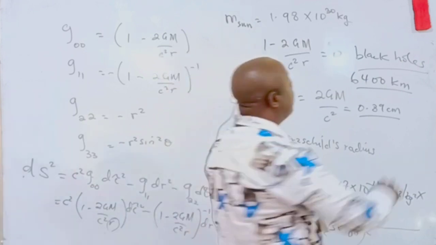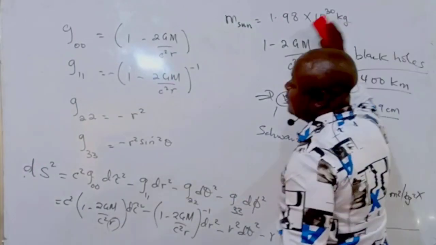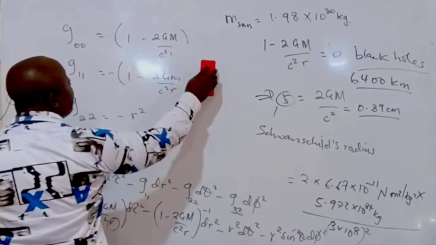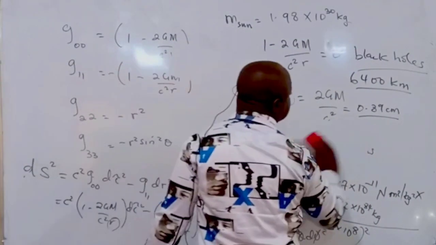The second one is what we call gravitational length contraction.